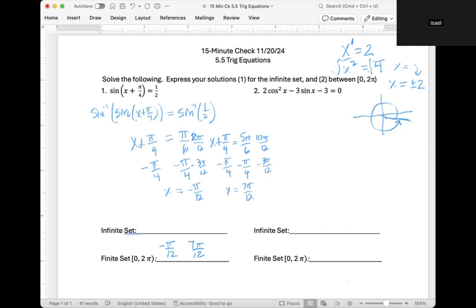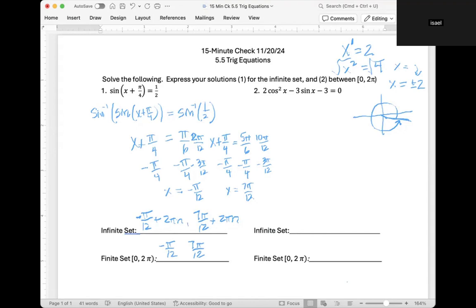So my infinite set is negative pi over 12 plus 2 pi n and 7 pi over 12 plus 2 pi n. That 2 pi n is just saying for every 360 degree rotation, we would get that solution of 1/2.